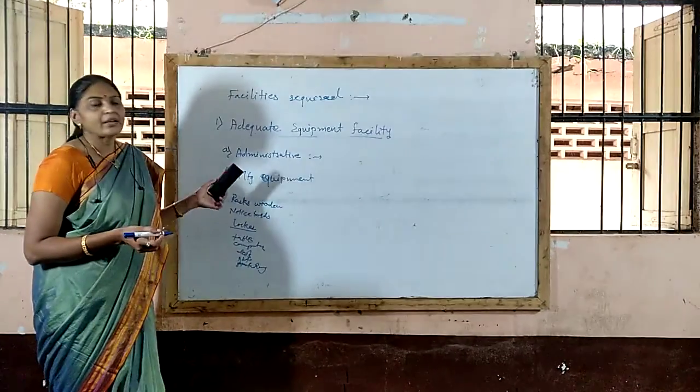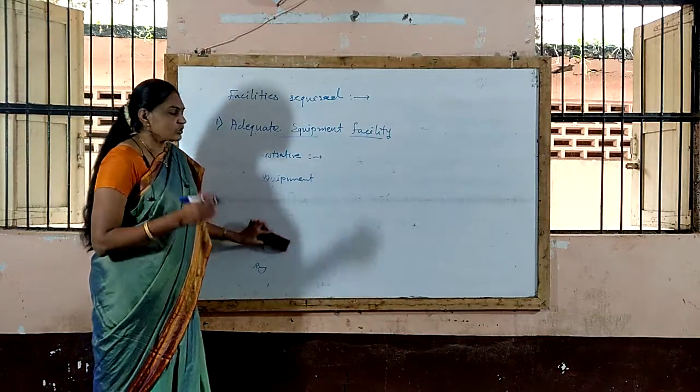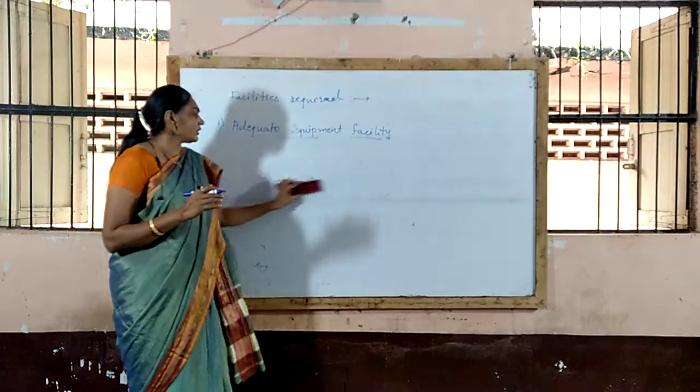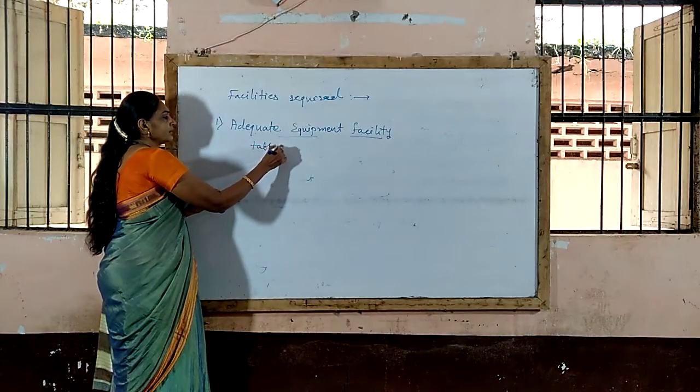Next is manufacturing. For manufacturing a particular dosage form, particular equipment will be required. Suppose we manufacture a tablet.